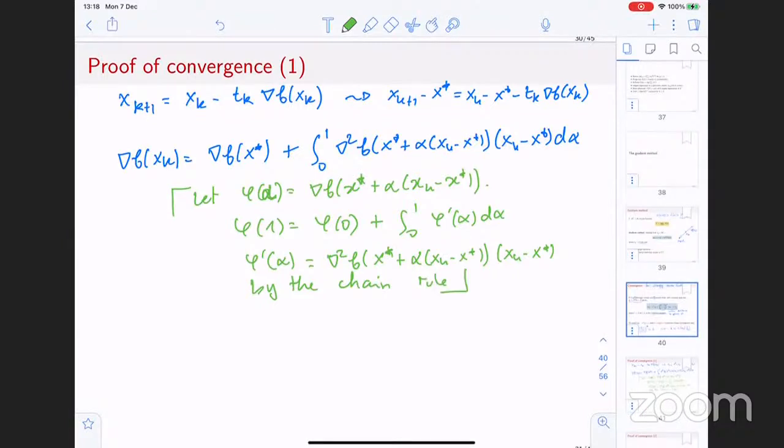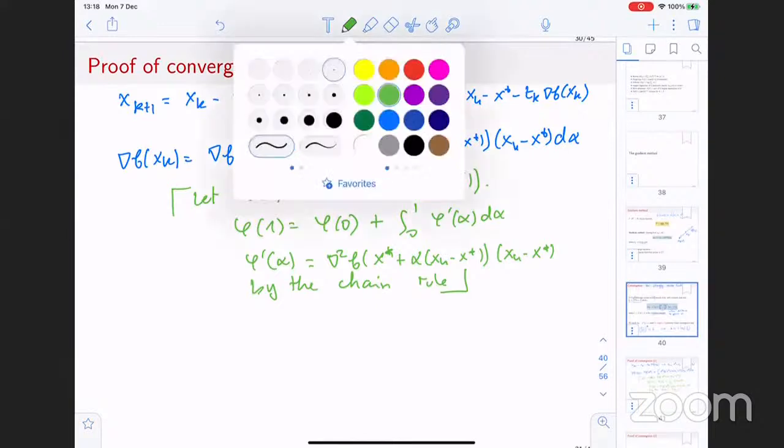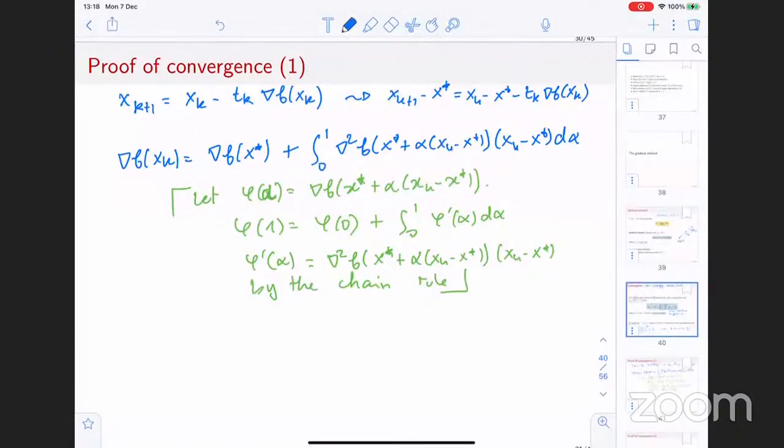Now what is nice about the formula at the top in blue is that, because I know that x star is my optimum, the gradient of f at x star is equal to 0.